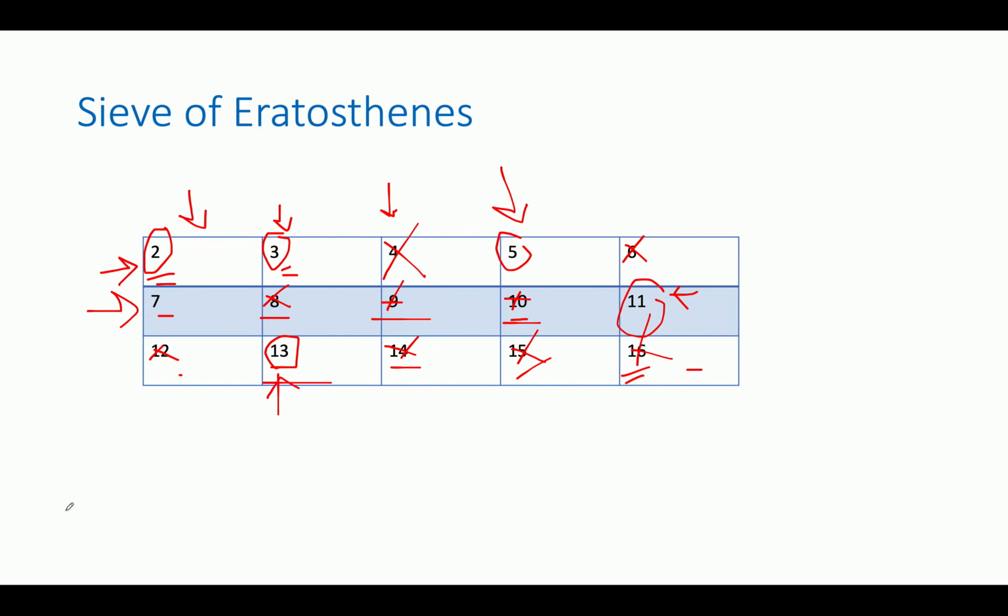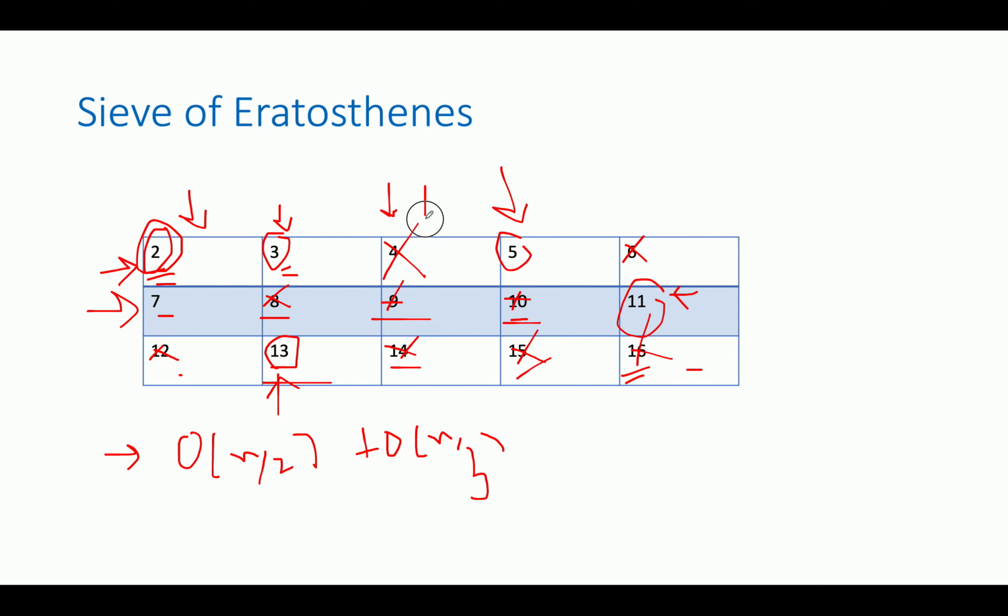Now let's talk about the time complexity of this approach. What you are basically doing is deleting every second number in the list. So when the number was 2, you deleted every second number in the list, which takes a complexity of order of n by 2. When the number was 3, you deleted every third number in the list, which takes a complexity of order of n by 3.